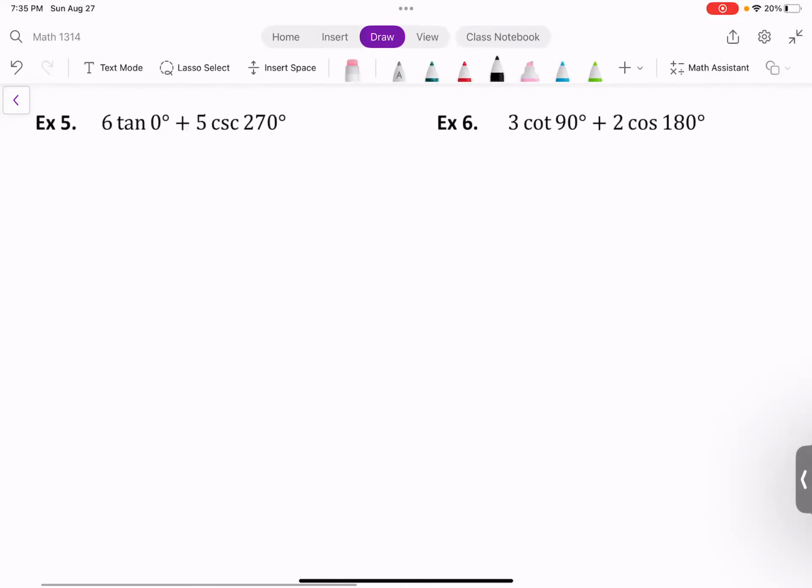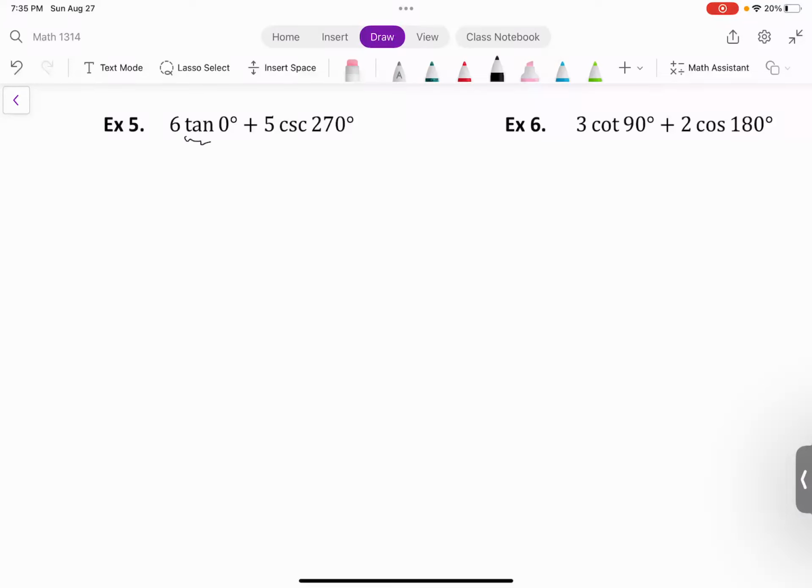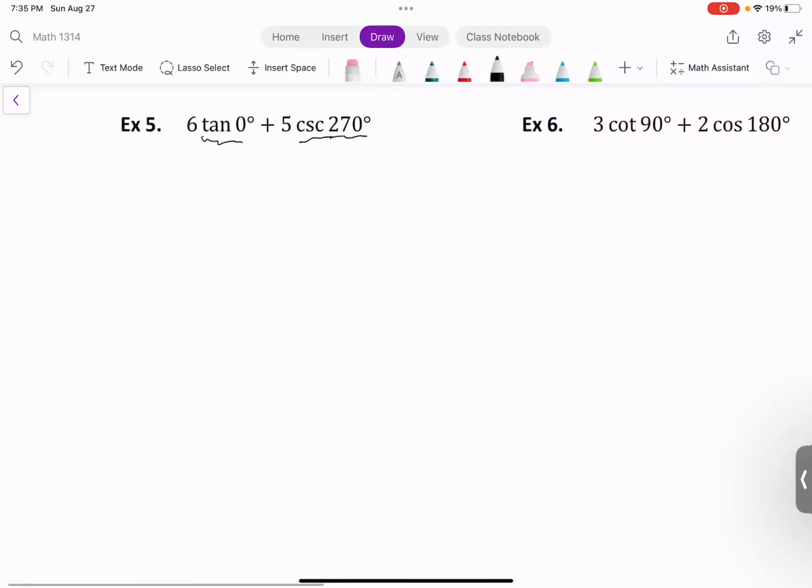All right, let's see the next 2 examples, maybe challenging ones. Okay, let's see. I need to find the tangent of 0 degrees and the cosecant of 270 degrees. So let's see, what is the tangent of 0? I can draw an image.